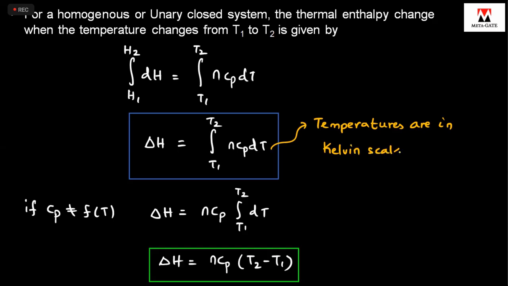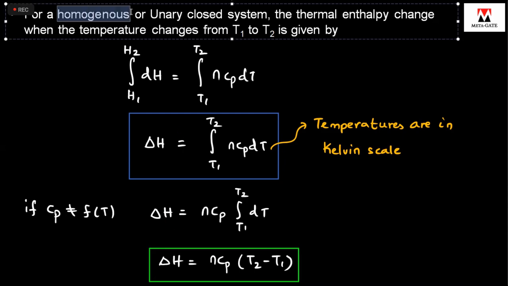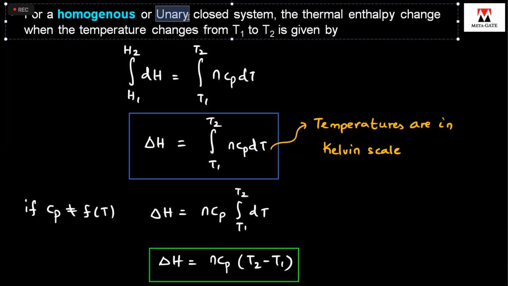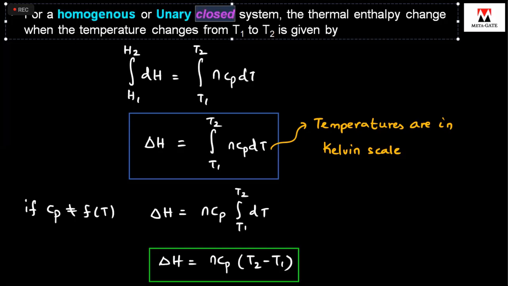Sir, in here, pressure is not mentioned. But sir, if the substance is solid, Cp and Cv are both the same. So please understand that for solids, there is a relation between Cp and Cv.